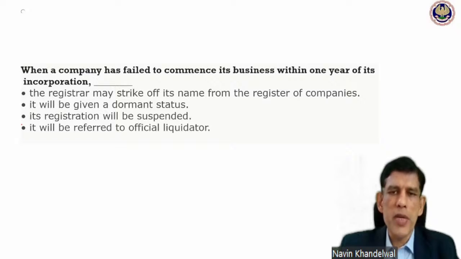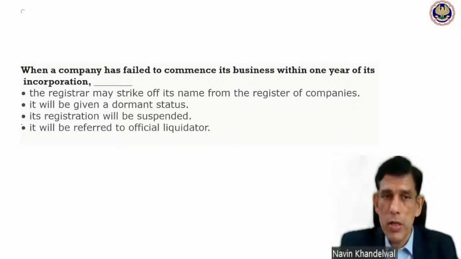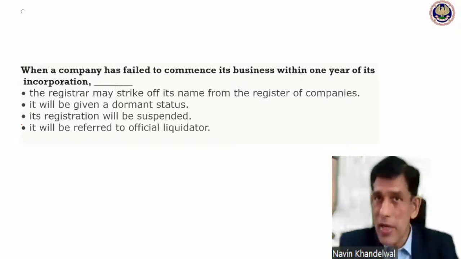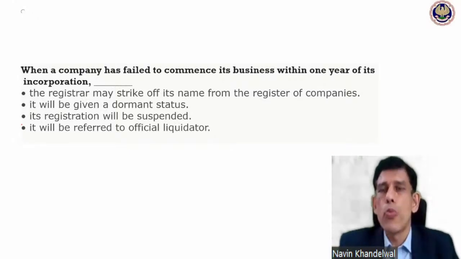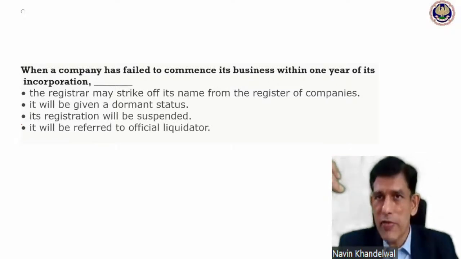Where the company has not been able to commence its business within 1 year of its incorporation, what is the consequence? Remember, 1 year. Dormant company is not there. It does not fall under the category of 1 year. Dormant company is when you yourself apply in a specific situation and for 2 consecutive years.